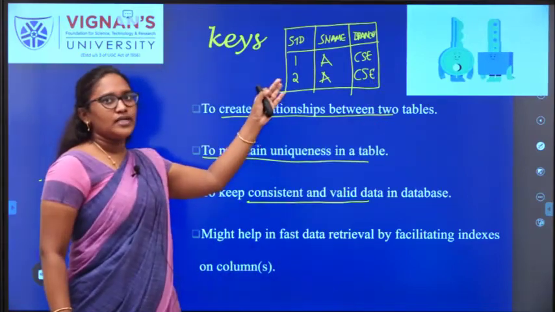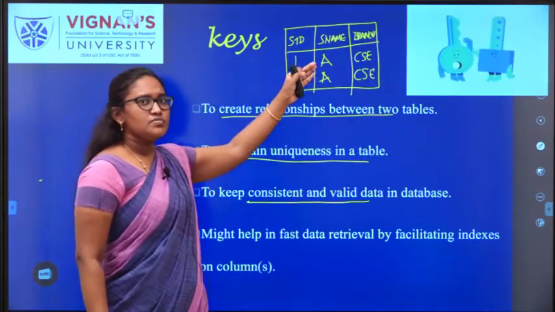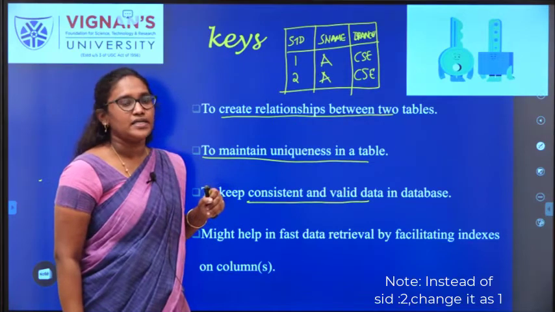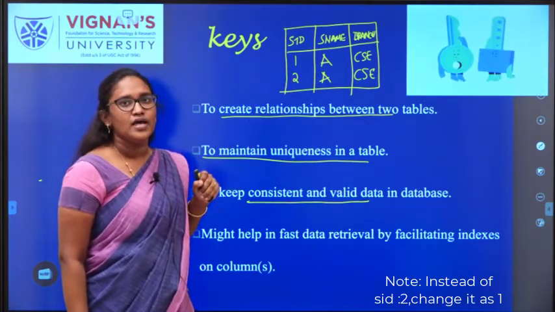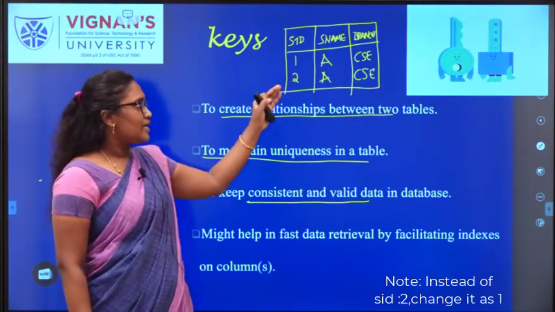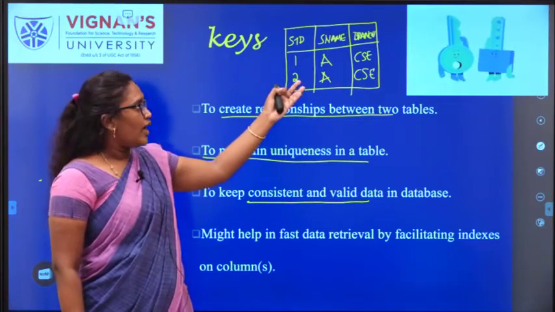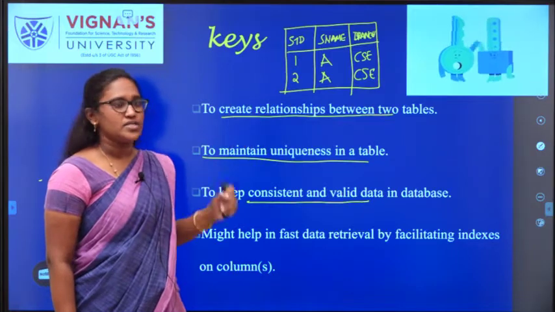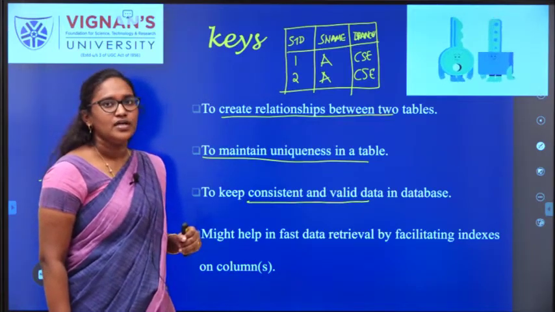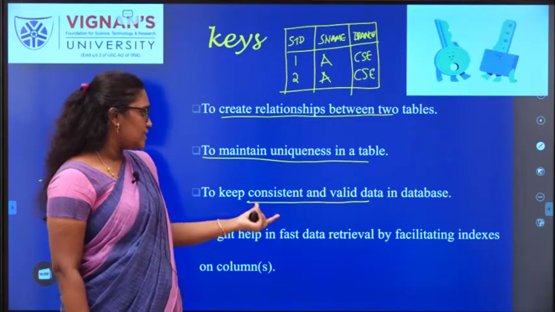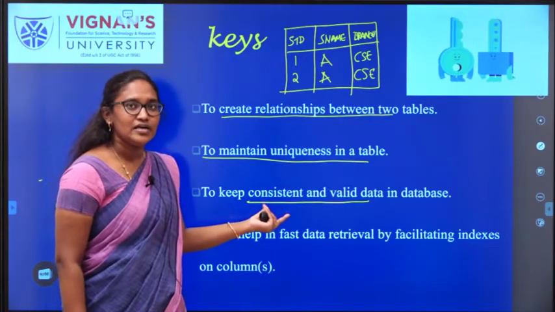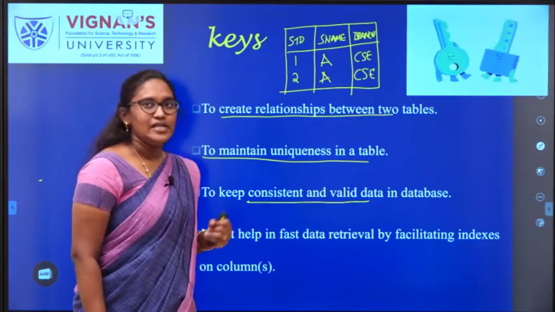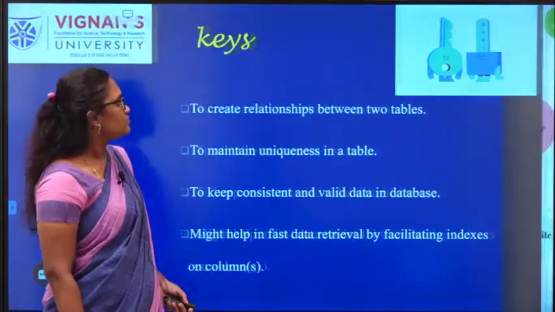The same student name and the same branch are repeated. In order to avoid this kind of repetition, we make use of database keys. That is the meaning of maintaining consistent and valid data in the database.